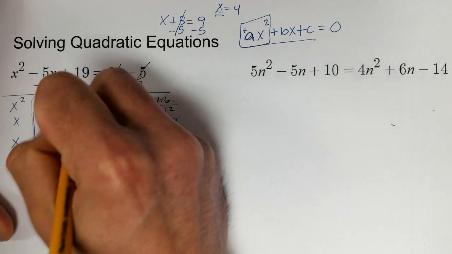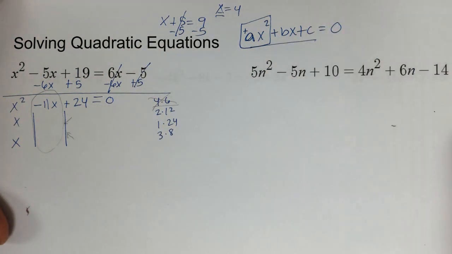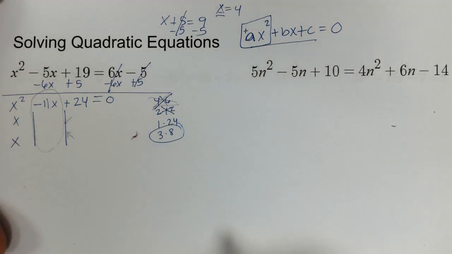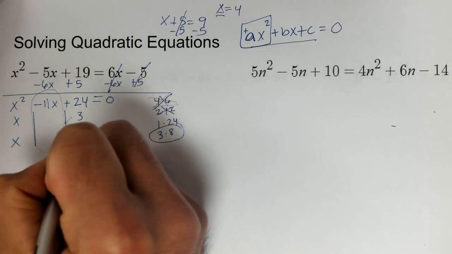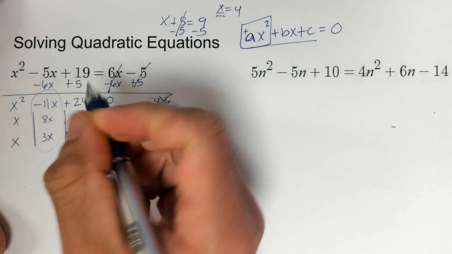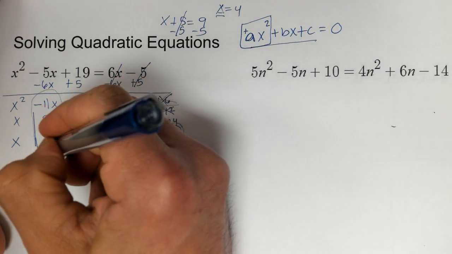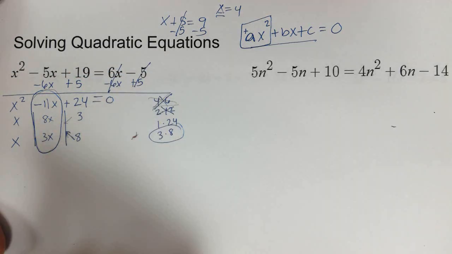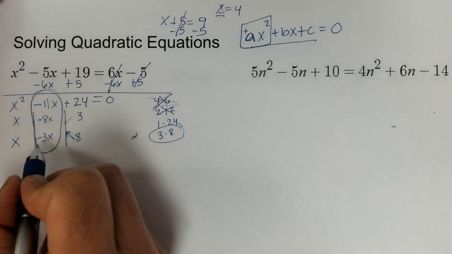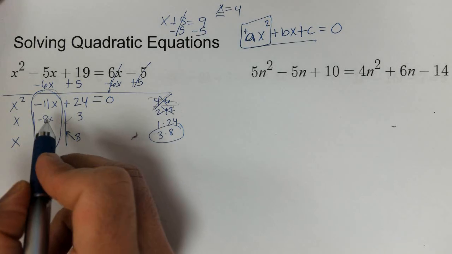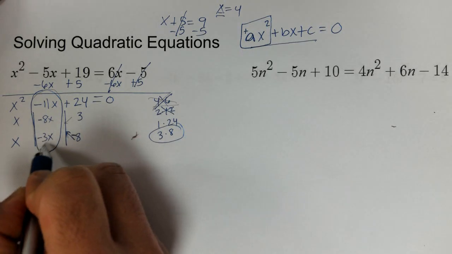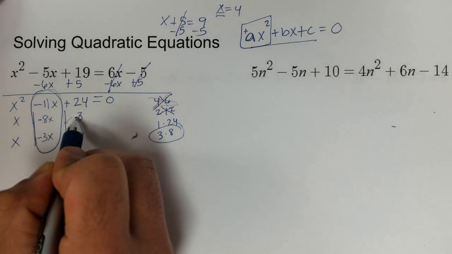So with experience and a little bit of practice, you're going to be able to identify that the best one in this scenario is 3 times 8. When I multiply 3 times 8, I have 8 times x is 8x, and 3 times x is 3x. Now, how can I combine these two in order to get a negative 11? Well, they must both be negative. Negative 8 plus negative 3 gives me negative 11, which means that this value must have come from a negative number, and this negative 3 must have come from up here.